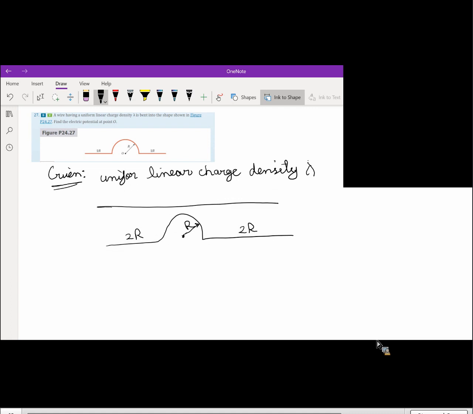We have to find the potential. First of all, this is potential due to a continuous charge distribution. All of you agree with this?